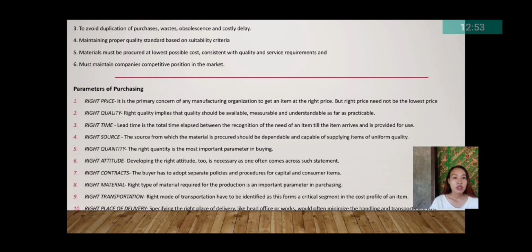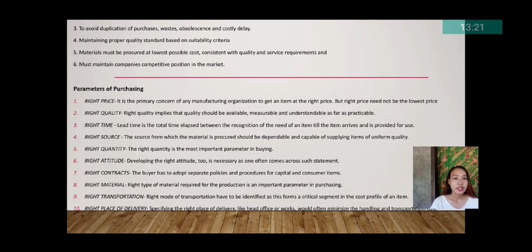Right attitude. Developing right attitude is necessary, as is what often comes across in such statements. So, kailangan madyaw yung pabatasan natin para maka-purchase kita ng madyaw. Then, right contacts.